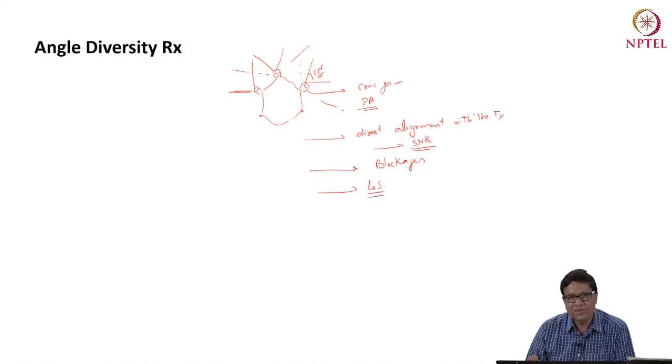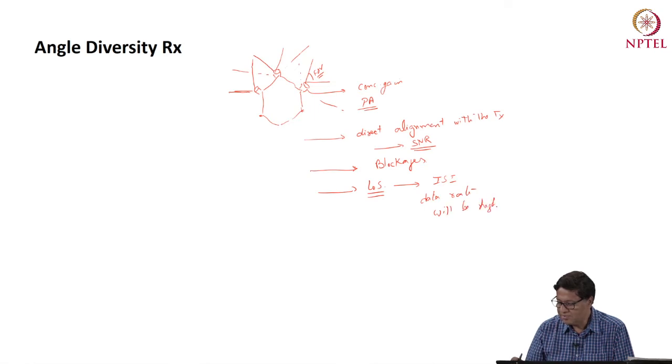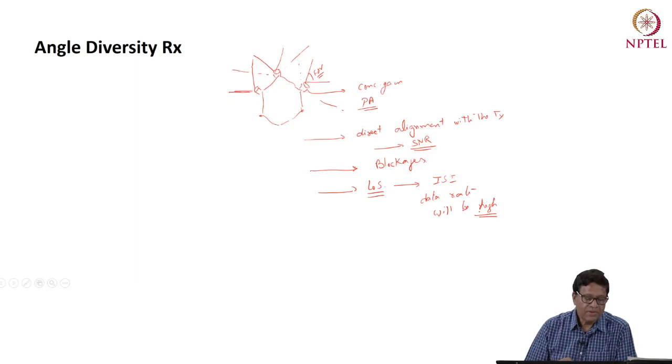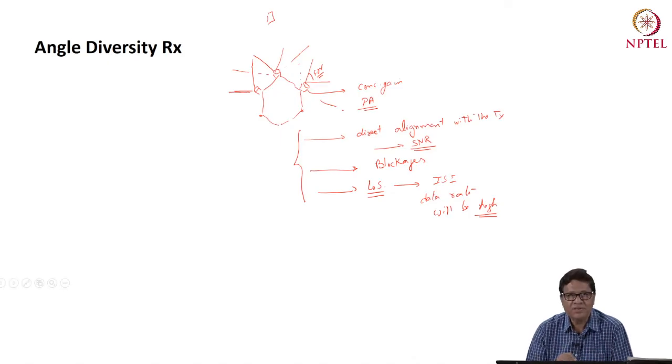Once you ensure that, which can be ensured using an angular diversity receiver, then there will not be any intersymbol interference. Your data rate will be high. So these are some of the advantages of the angular diversity receiver. This is a case of a MIMO. You can have many transmitters, and here there are multiple receivers, and you get these advantages using the angular diversity receiver.